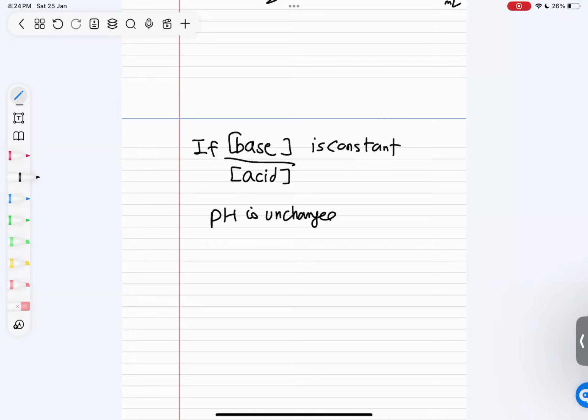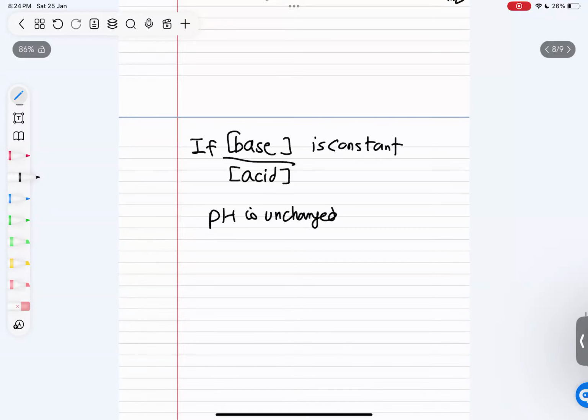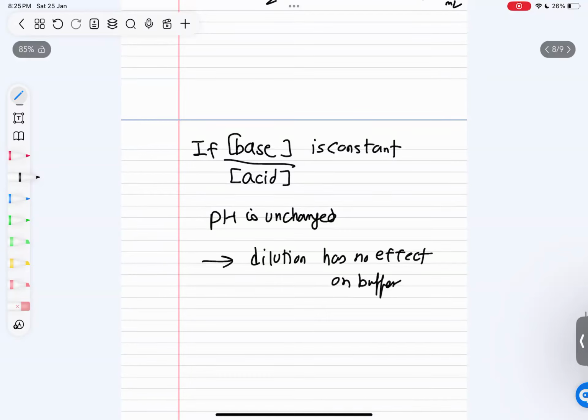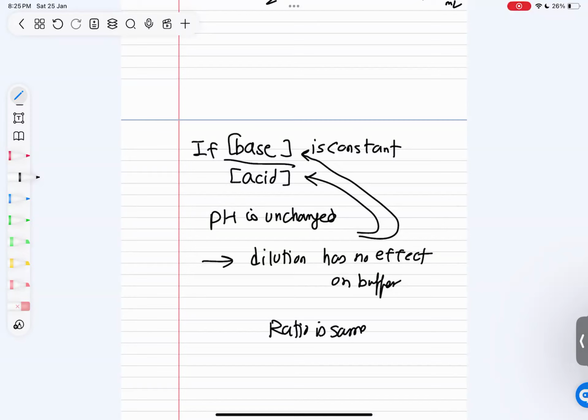So if I change the concentration of the base and the concentration of the acid, but the ratio of the base to the acid is constant, then the pH will be constant. So any dilution has no effect on the buffer. Why does dilution have no effect on a buffer? Because it dilutes this concentration and dilutes this concentration, so the ratio is the same.